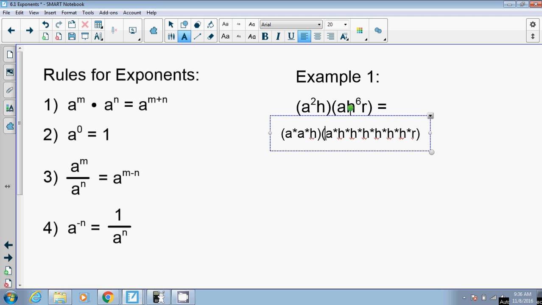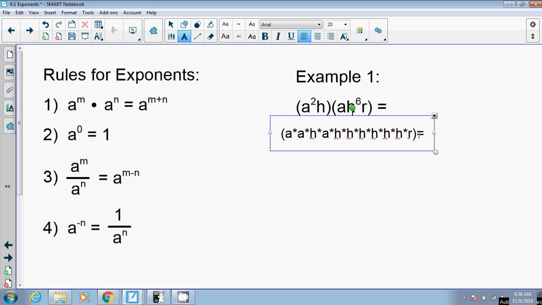Remember, all we're doing is multiplying both of these together. So I have a times a times h times a times h times h times h times h times h times h times r. All we're going to do now is look at how many a's, h's, and r's we have.